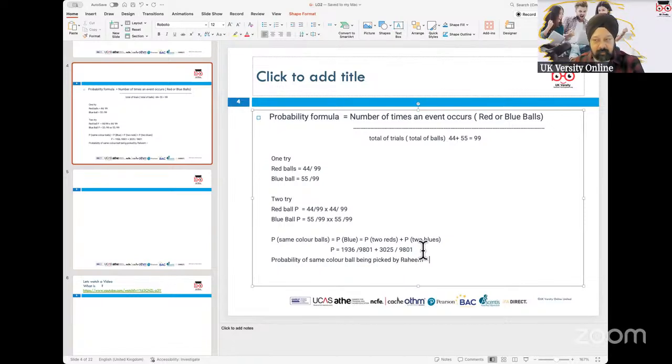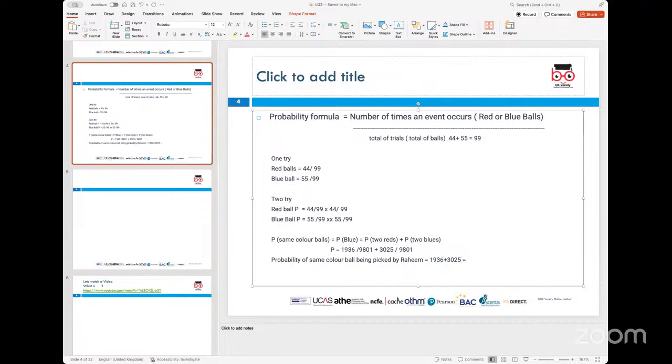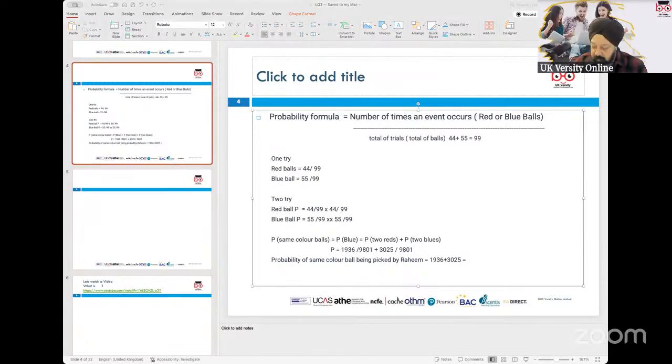We can further simplify this. If I simplify this, it will be actually 1936 plus 3025, because it's a common denominator. So what we can do is basically add these two values and divide by 9801. So 3025 plus 1936 is 4961 divided by 9801.